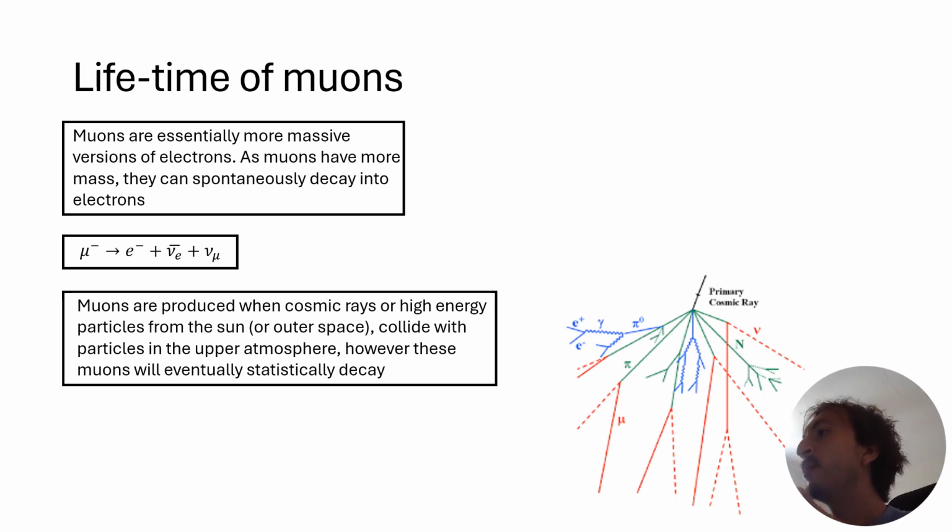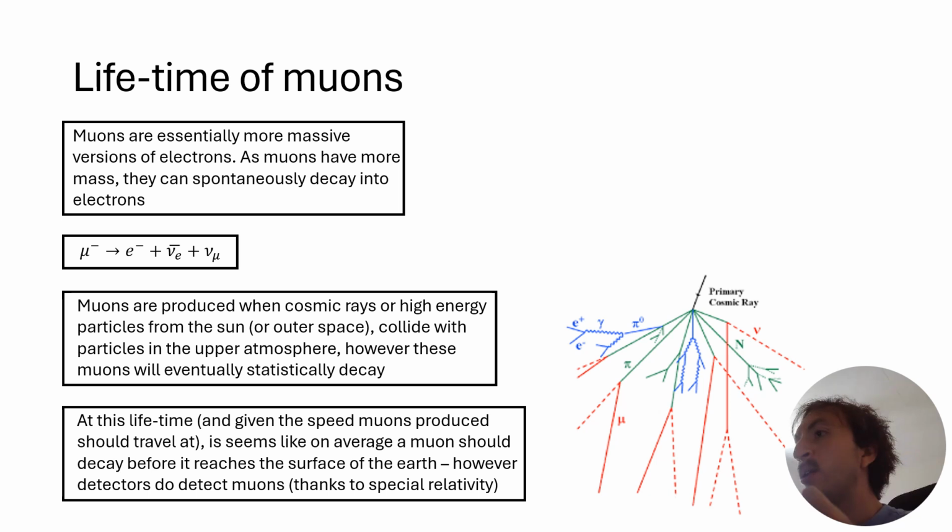But pions and kaons are themselves unstable, and they naturally decay, and the products of that decay are often muons. So we get a lot of muons through the decay of pions and kaons, and pions and kaons are produced by the interaction between particles in the cosmic ray and atoms in the upper atmosphere.